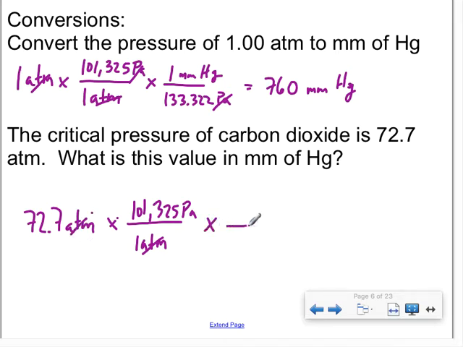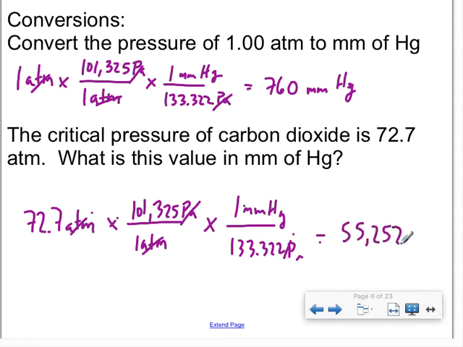And then I set up my second conversion factor, where 133.322 pascals is equivalent to 1 millimeter of mercury. So my pascals will cancel out. I'm going to multiply and divide across. I actually get a really, really big number because it's 72.7 atms. Looks like 55,252 millimeters of mercury. Don't worry about SIGs.